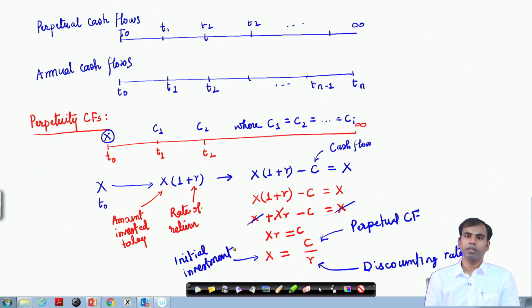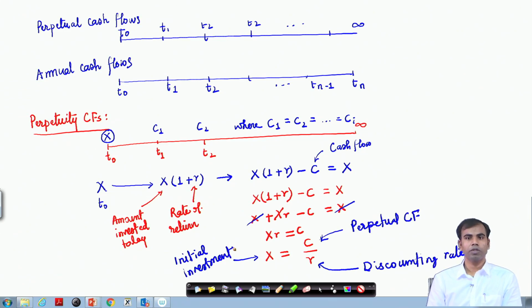So, given a perpetual cash flow amount of C and discounting rate of R, you can calculate what amount of money should be invested today, that is x, so that you generate C amount of money every year or every period till perpetuity. So, this is the formula you can use to calculate the value of investment to be made today to generate a perpetual return or perpetual cash flow in future to the extent of C.